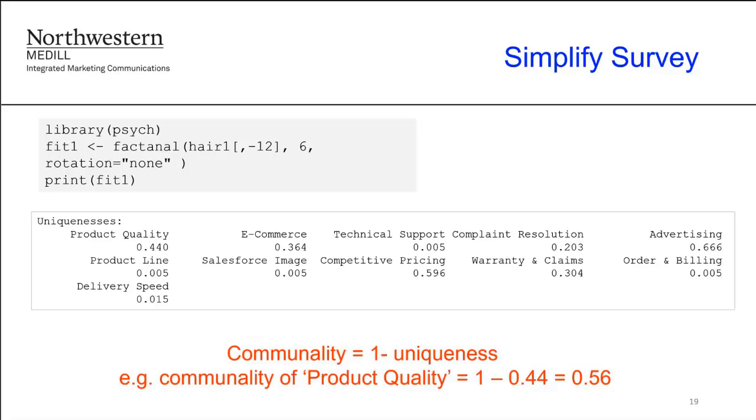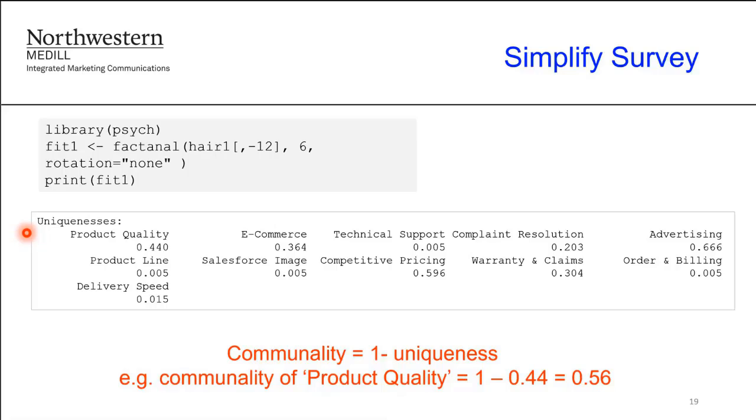So from R, we can get these communality values. So how to get these values? This is the code for the factor analysis, and I will show you how to run this code later in the R session. If you run this code, one of the results from the factor analysis is uniqueness.